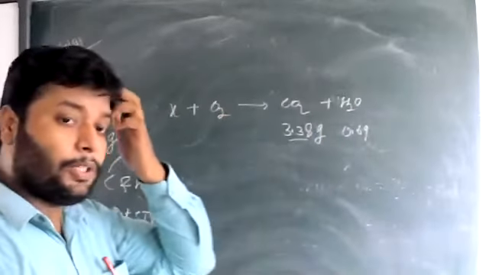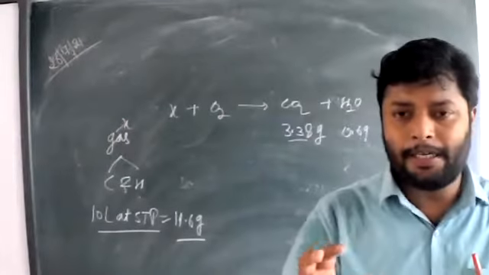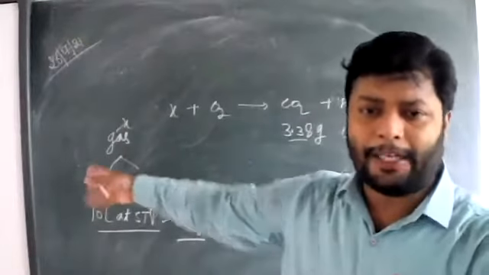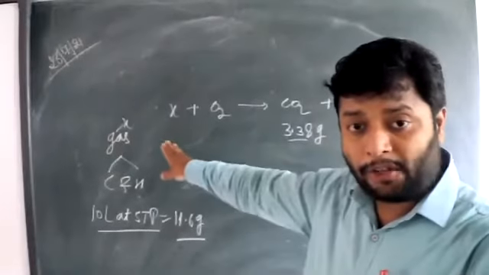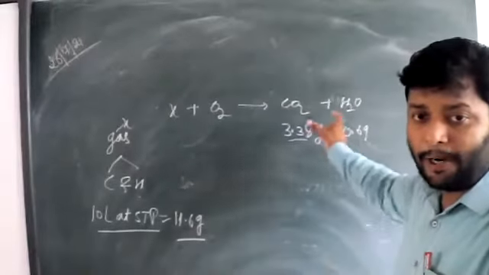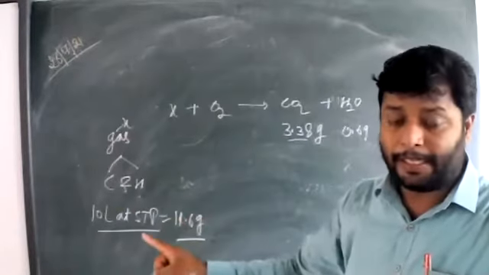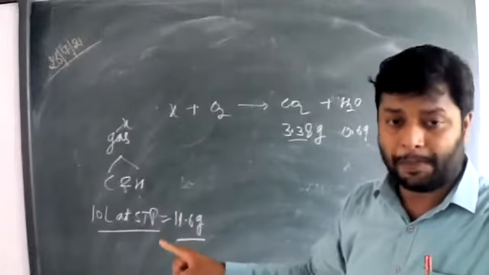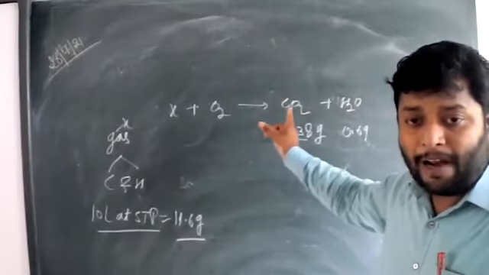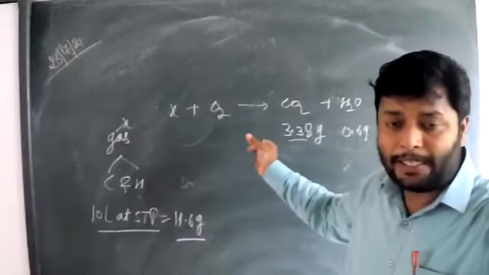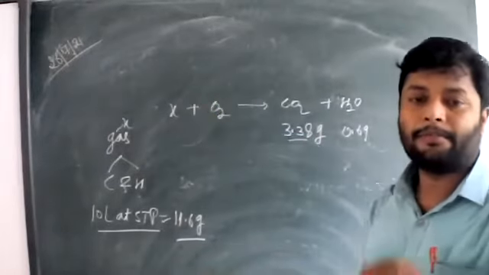So the question is about one gas having carbon and hydrogen only. We do not know which gas it is. It reacts with oxygen to produce CO2 and water in these amounts, and the mass of 10 liter of the gas at STP is 11.6 gram. First, with the help of this, you have to find out the amount of oxygen.